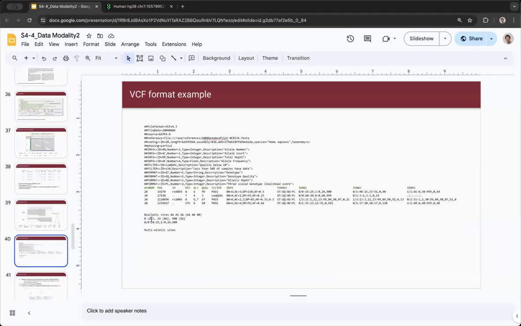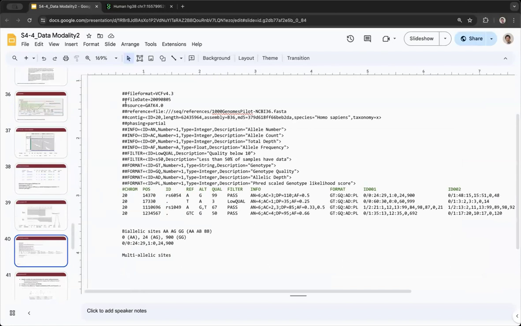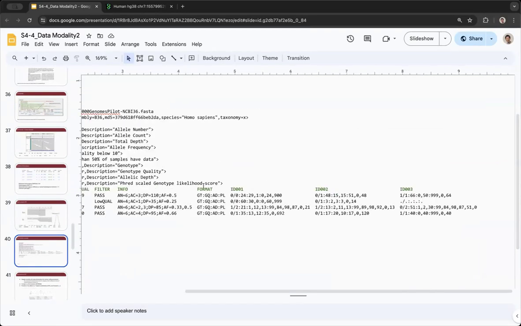Okay, so these are more examples of the variant format. As we discussed in the previous slide, the header sections represent the meta information, the same specs as we discussed before. And if you look here, this is again the same nine columns, and how many samples do you have here? 1, 2, 3, right?